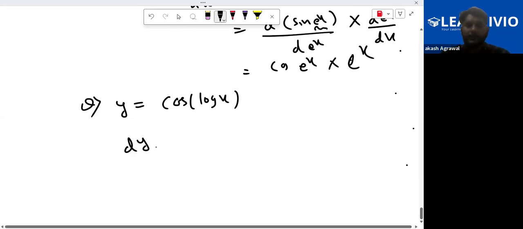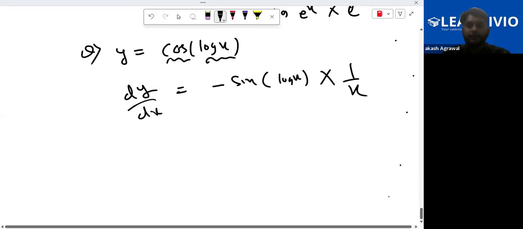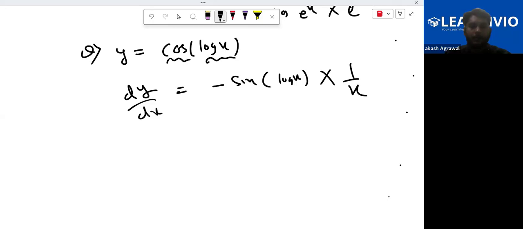Oh, very good. When we differentiate, first deal with the body, which is cos. So cos differentiation is minus sine, everything else as it is, into. Then we move ahead. Log x differentiation is 1 upon x. So this will be the answer. Yes, all of you? Anyone has any doubts?